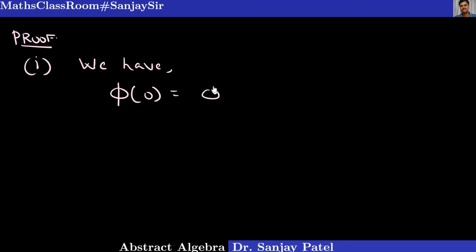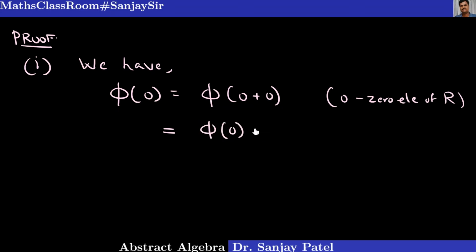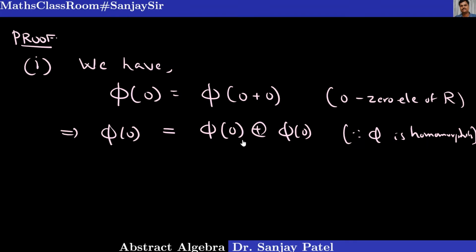This I can write as phi of 0 plus 0 because 0 is the 0 element of R. Now phi is a homomorphism, so phi of A plus B is equal to phi of A plus circle phi of B. So I can write this as phi of 0 plus circle phi of 0. So what I have proved here is phi of 0 is equal to phi of 0 plus circle phi of 0. Remember that phi of 0 belongs to the codomain ring. It's the image of 0 under phi.